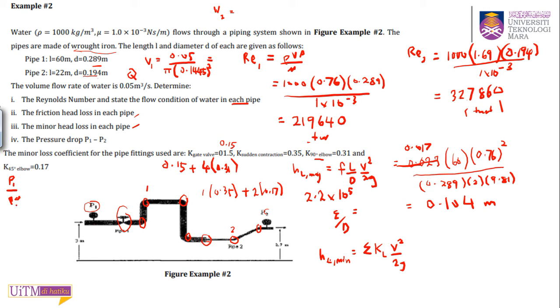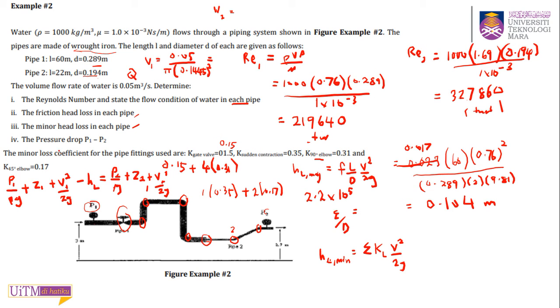P1 over rho g plus Z1 plus V1 squared over 2g, minus the head loss that you have calculated, and we don't have any pump or turbine, so let's ignore that. This equals P2 over rho g plus Z2 plus V2 squared over 2g.